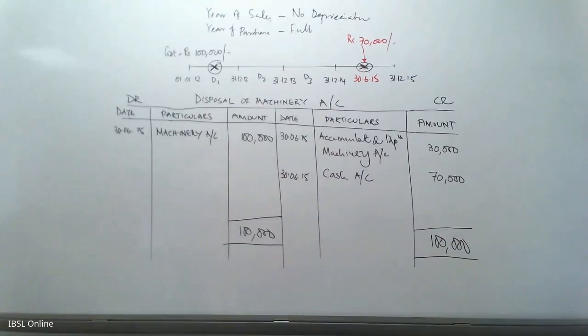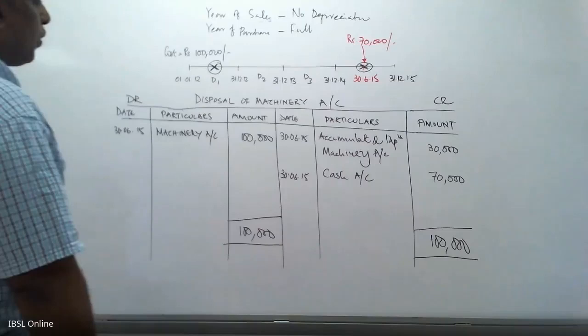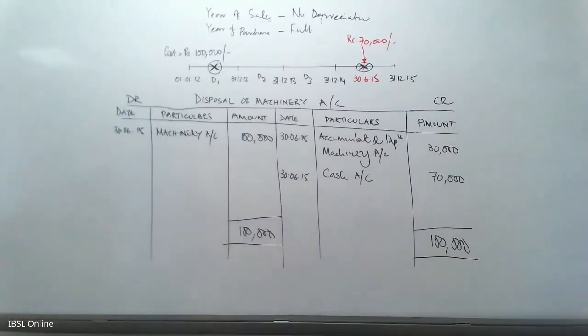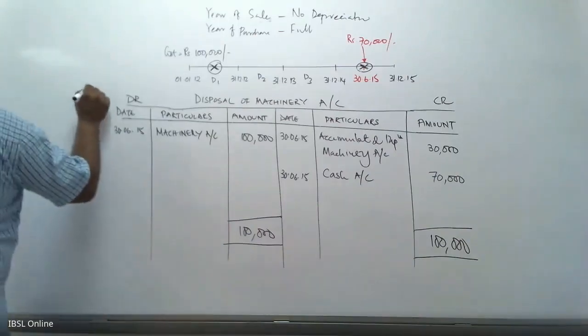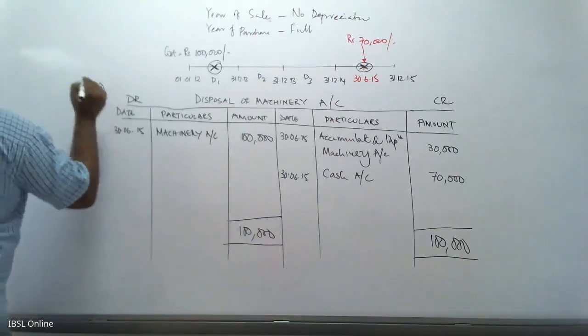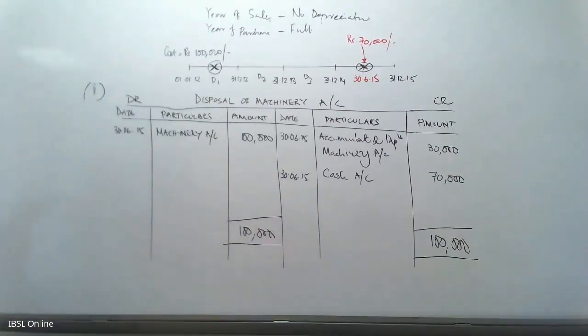That is part 1, what you have calculated, which is 70,000. So since you have sold it for 70,000, there is no profit, no loss. So this is the second part. Then we have to do the third part where we have to write and show that there is no profit or no loss. So can you take down this?